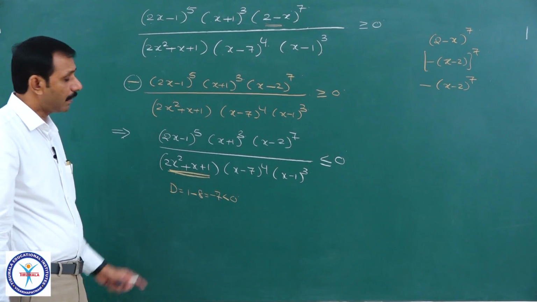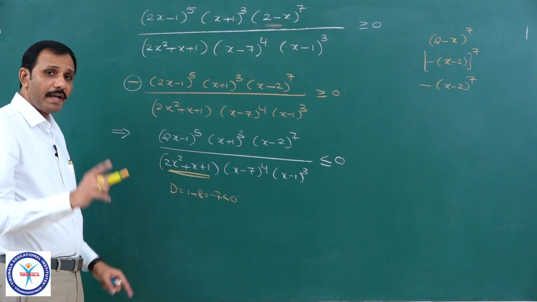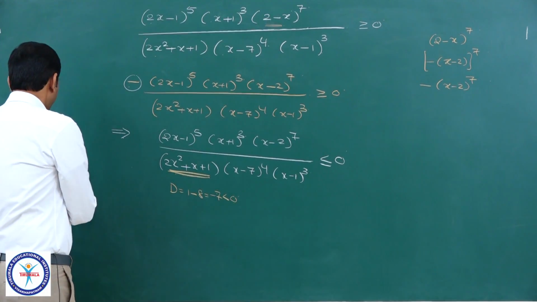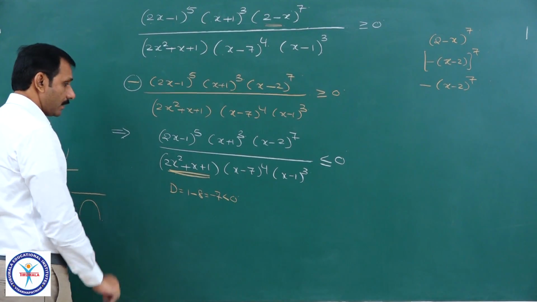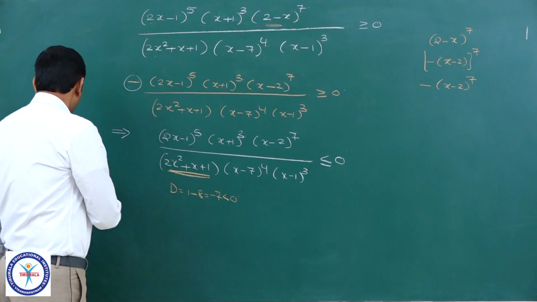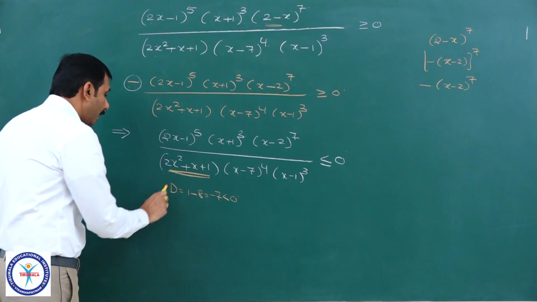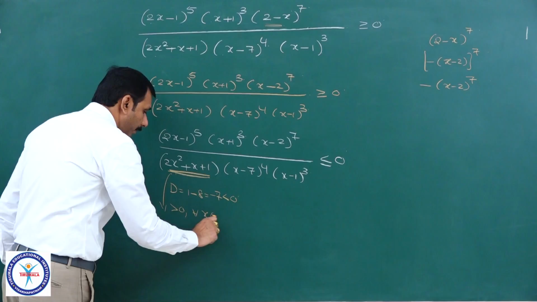A big problem here, it has no factors. Whenever a quadratic has no factors, you know, it is either completely above the x-axis or completely below the x-axis. You check it now. Because the coefficient of x square is positive, it is of this type, therefore, it is greater than 0 for all x belonging to capital R.